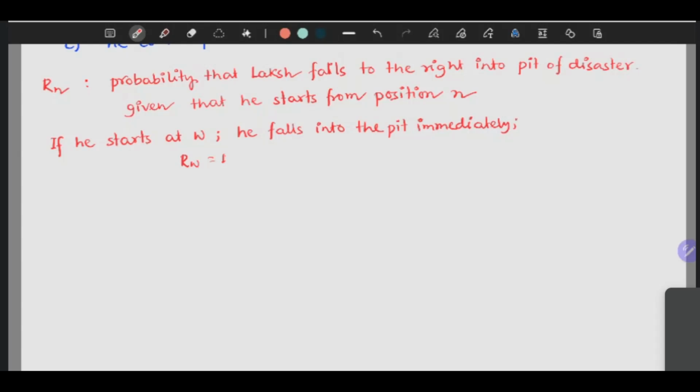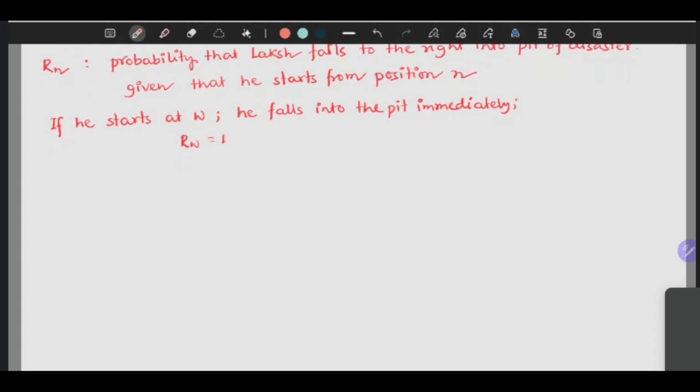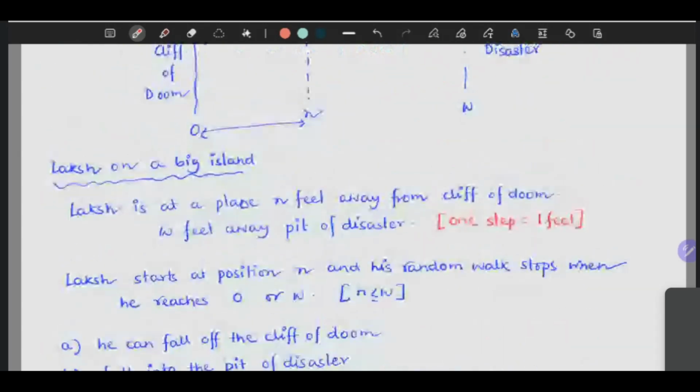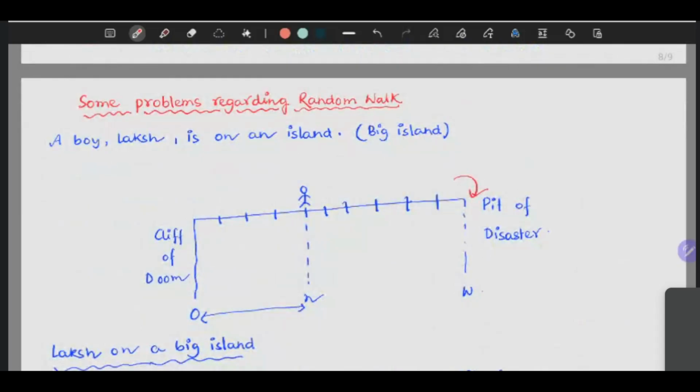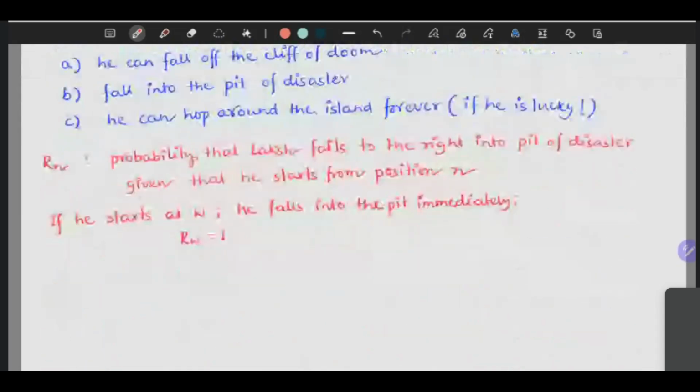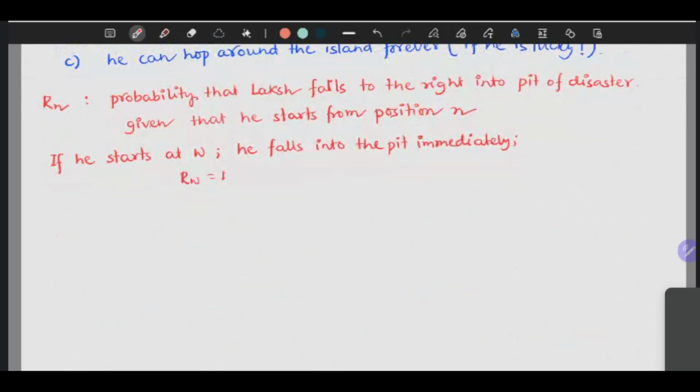But if he starts from 0, that means he is at the cliff of doom, so R_0 is equal to 0. Here n denotes the starting point.